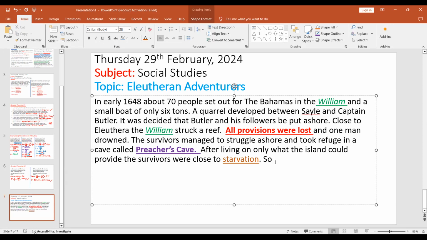So, William Sayle took the small boat and sailed to Virginia.